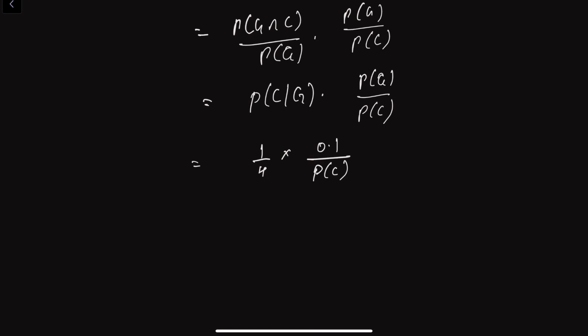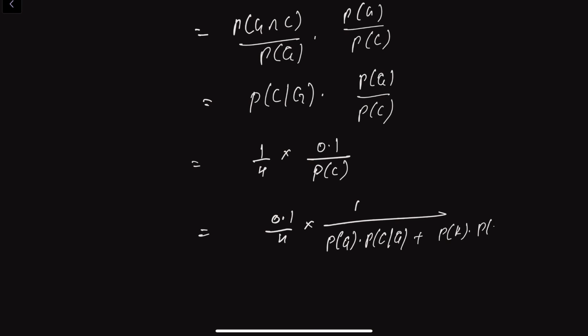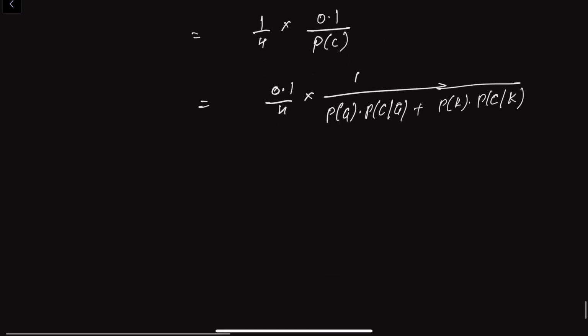So we need to find the probability of doing it correct: the probability of guessing into the probability of correct given guessing, plus the probability that he knows the answer into the probability of C given K. I'm using the total probability theorem there.